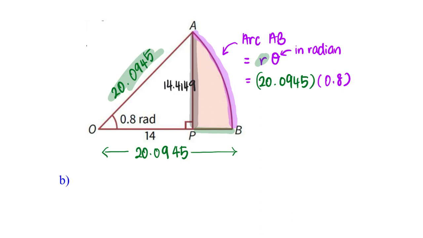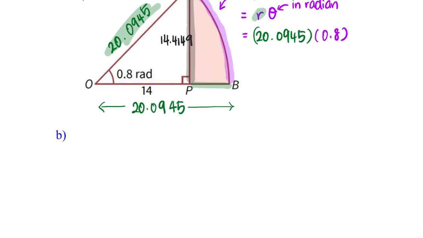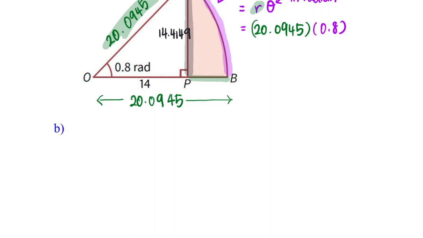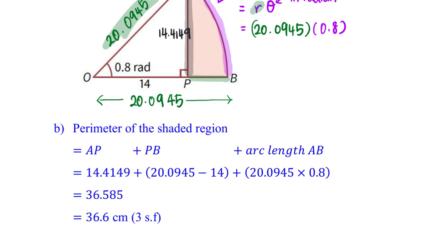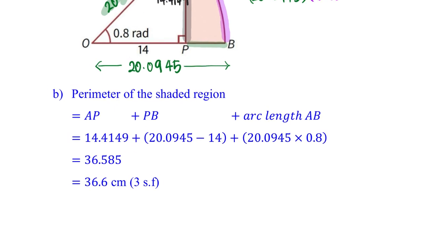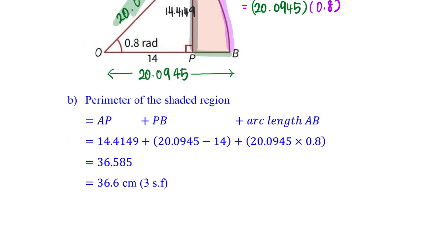So at this point, is everybody clear about how we can find the perimeter of this shaded red region? Very good. Now I'm going to review the full set of working. So my AP, we found it previously.